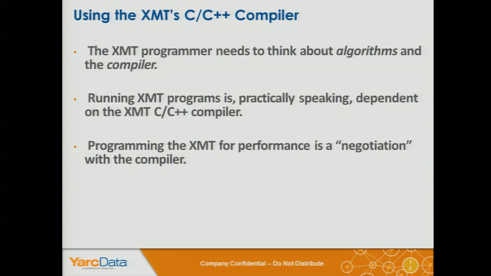What we like to say is that programming performance is a negotiation with the compiler. You try something, you throw it over the wall to the compiler, you look at the canal output, see what it thought of it and how it organized it, and then you work back and forth. For a very simple loop, you'll often hit it on the first try, but usually you go back and forth looking at the canal output and at the output of the performance tools.